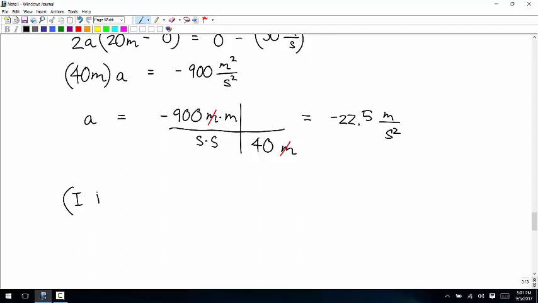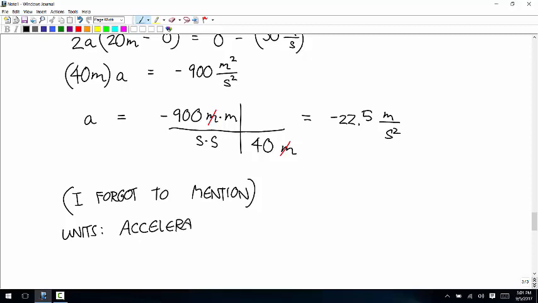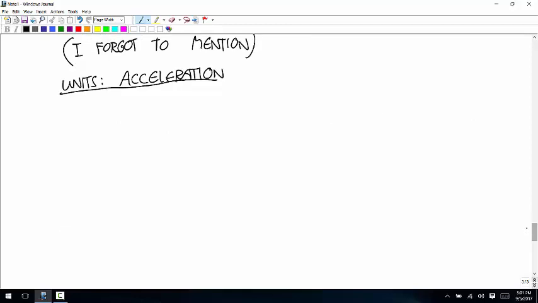I forgot to mention that the units for acceleration are always length over time squared.